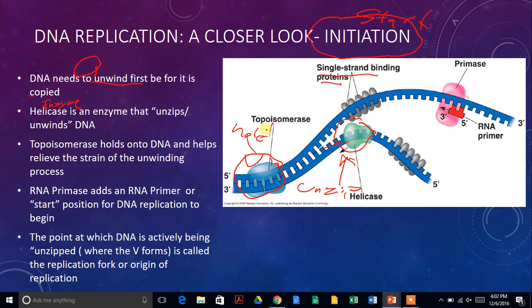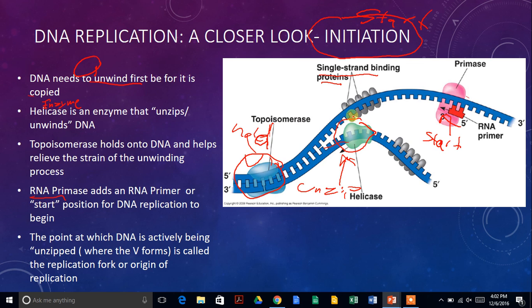The machinery that actually adds new nucleotides can't begin synthesizing just out of thin air. It needs a start signal. And what RNA primase does is it lays down an RNA primer, or start, to tell those enzymes that are now going to add the nucleotides where to start.